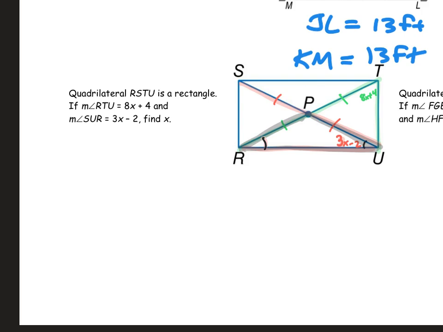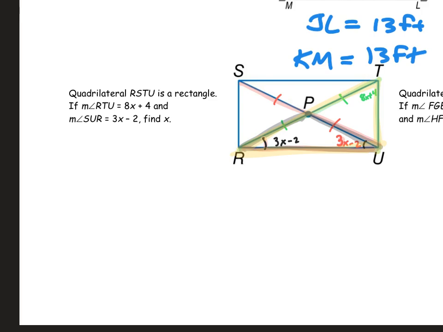So this angle PRU is also 3x minus 2. Now I'm good, because I could see that triangle TUR, this yellow triangle I highlighted, I have all that I need to know.